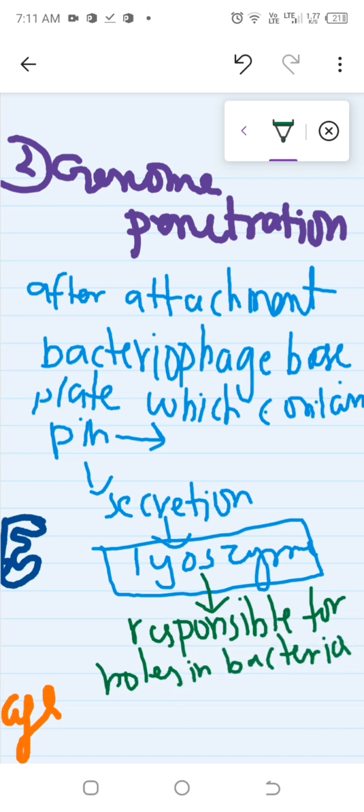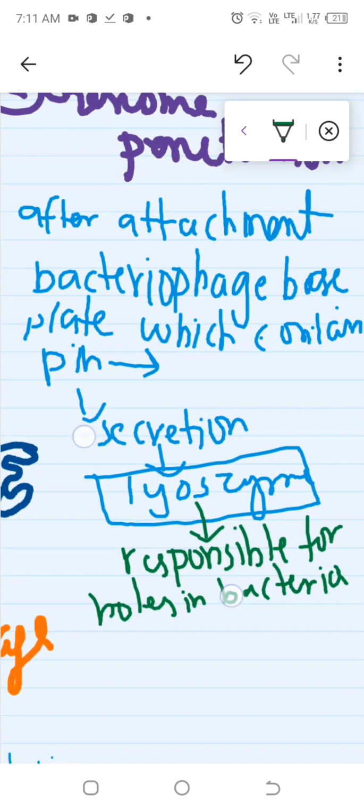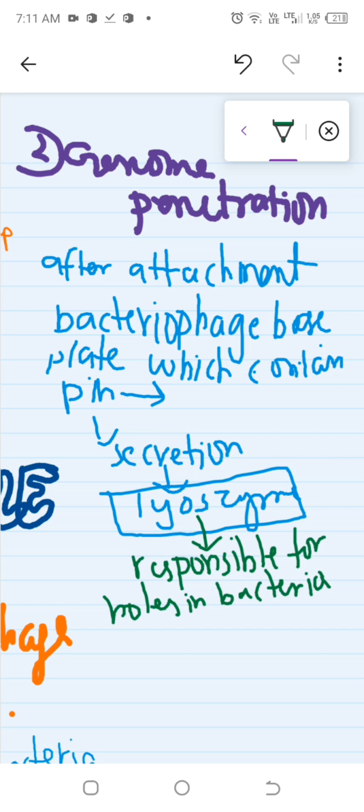When the holes are made, the contractile sheath, the contractile protein I mentioned in the structure video, contracts.